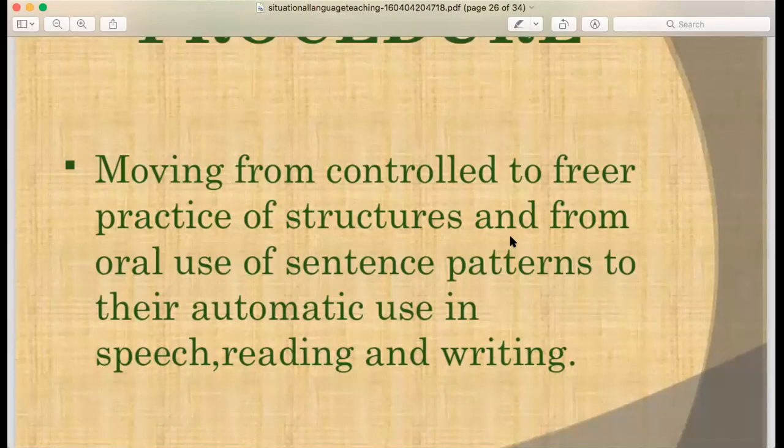Okay, so they start with very controlled practice of the structures to build automaticity, but then while they are reading and they are writing, because all the skills are being focused, there's a need to give them a little freedom. So from a very controlled teaching and learning situation, they move to this reading and writing, where they become a little independent. Okay.